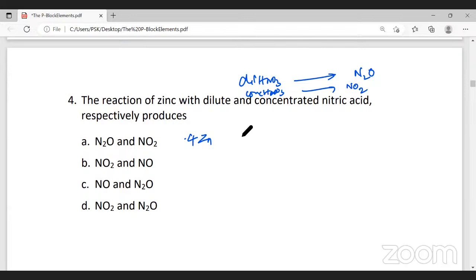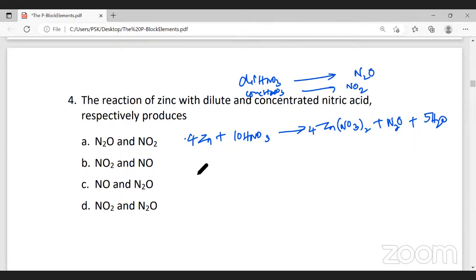So remember this. With dilute nitric acid, zinc will react to form zinc nitrate plus nitrous oxide, giving you 5H2O.